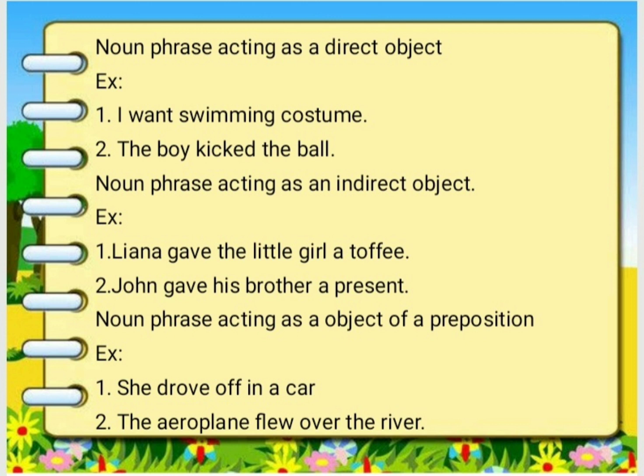So it is acting as the object of the preposition in. In number 2, the airplane flew over the river. The river is a noun phrase which is acting as the object of the preposition over.